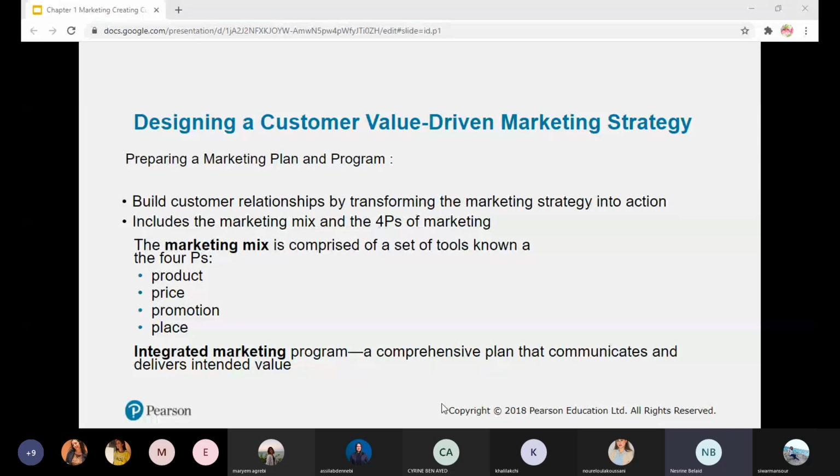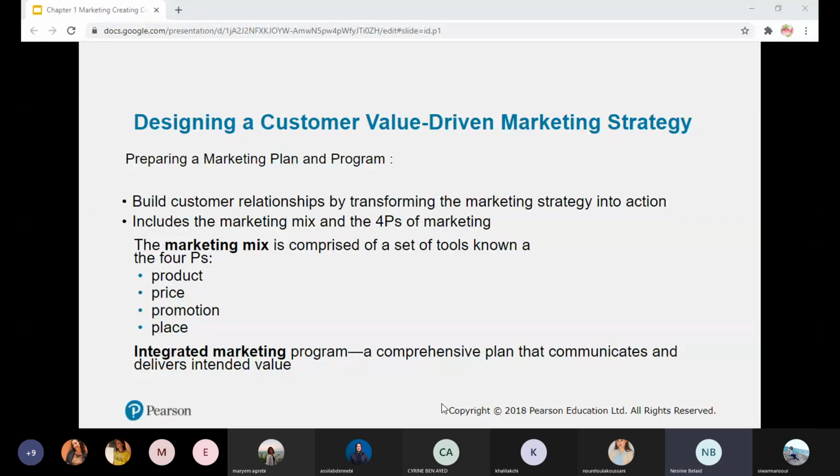Finally, it must engage target consumers, communicate about the offering, and persuade consumers of the offer's merits. And this is what we call the promotion. Okay, so let's recapitulate. The first thing, we will create a need-satisfying market offering, the product.